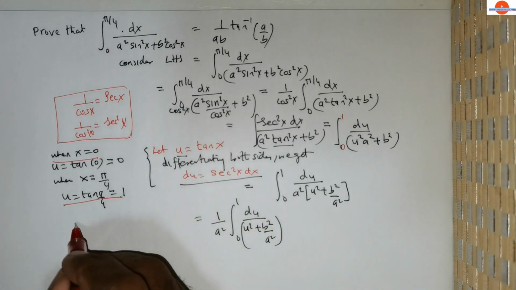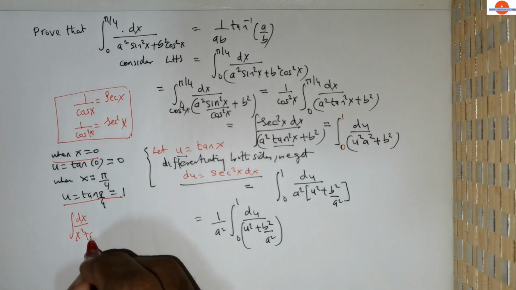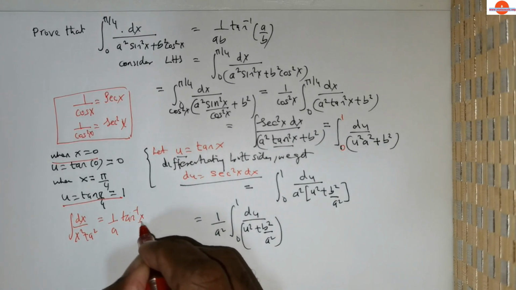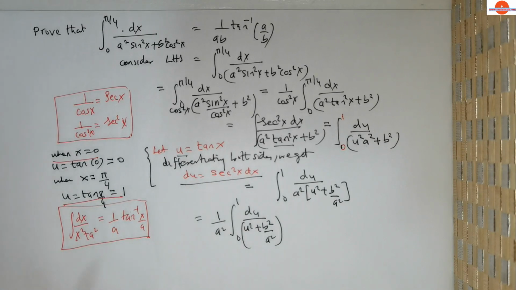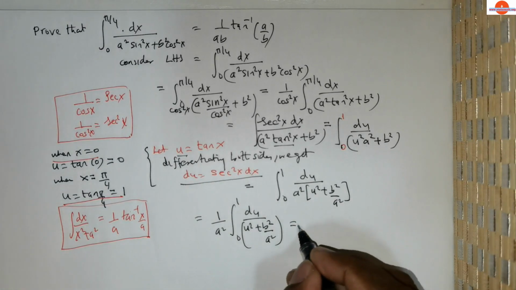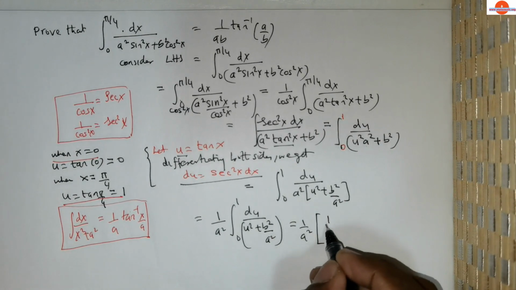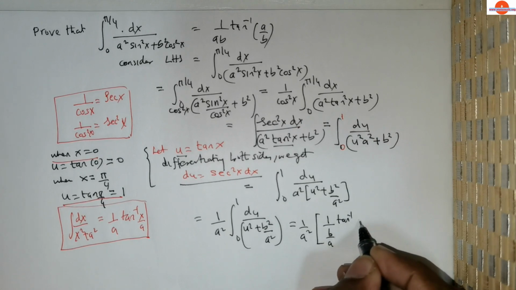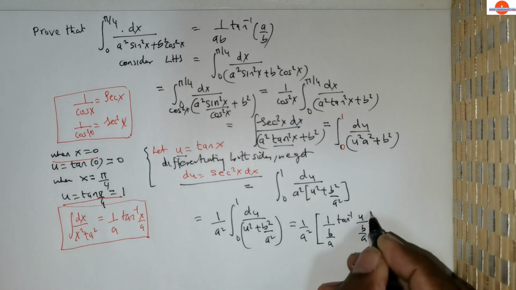Now you would have studied this formula, which is the integral of dx divided by x squared plus a squared is 1 over a tan inverse of x divided by a. So using this formula in this integration, I would now have 1 over a squared times 1 over b divided by a, tan inverse of x over a is going to be u divided by b over a.